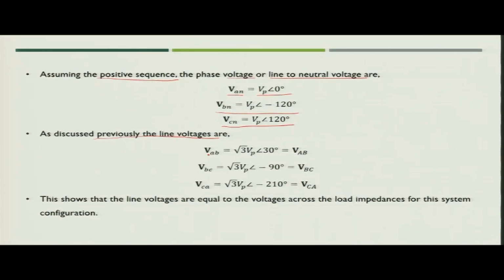So we can write that VAB will be equal to the capital VAB, that is the load phase voltage. VBC of the source will be equal to VBC of the load, and VCA of the source will be equal to VCA of the load.